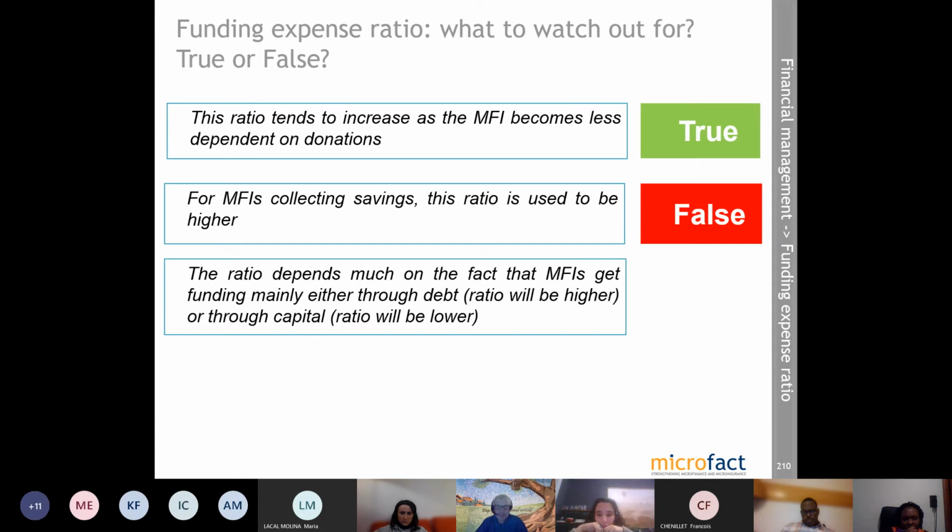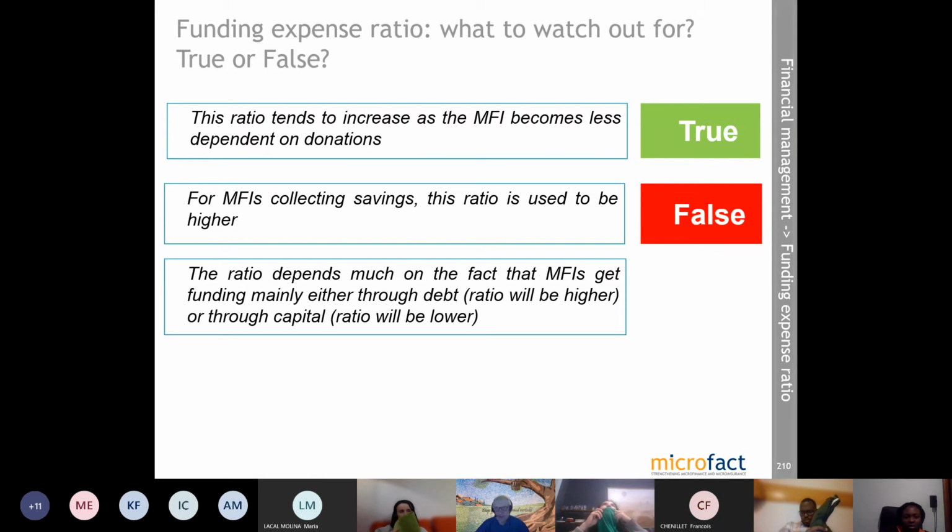Is this correct? Because you have two sources of funding, of course. You can have shares or you can have debt, being external borrowings. So with debt financing, your ratio will be higher.